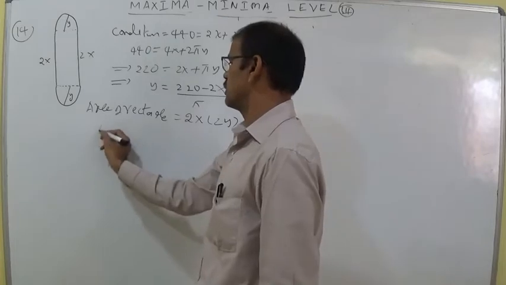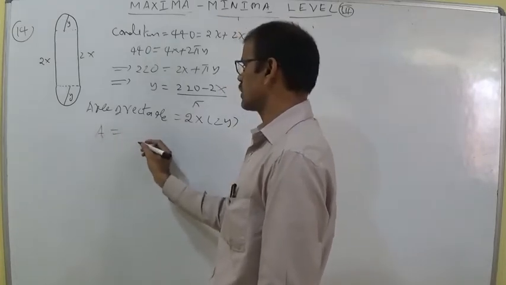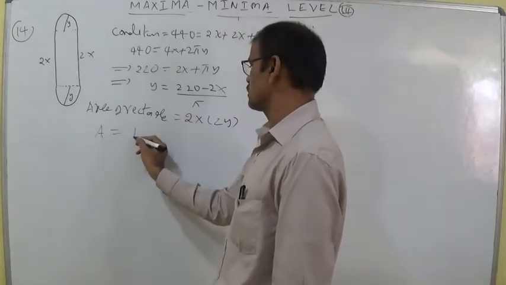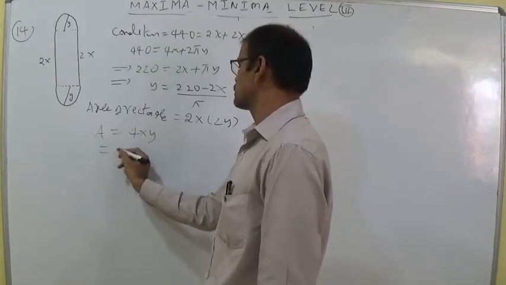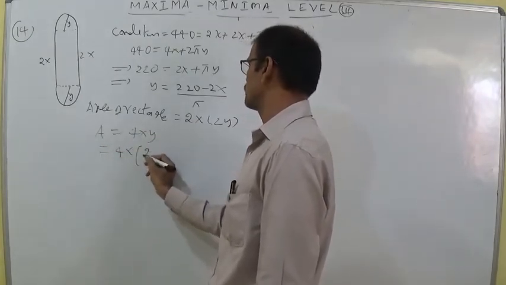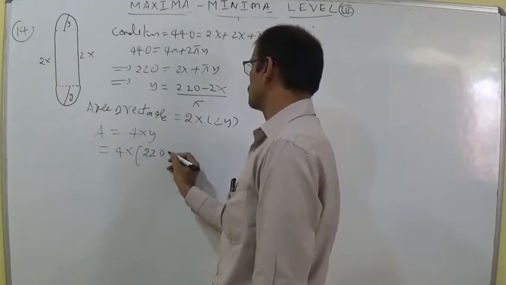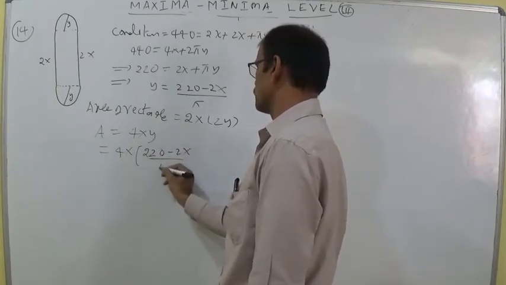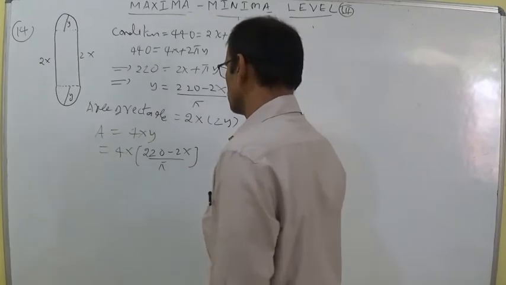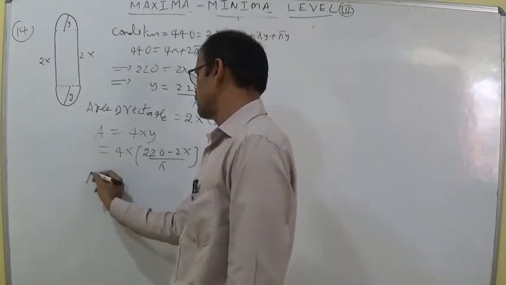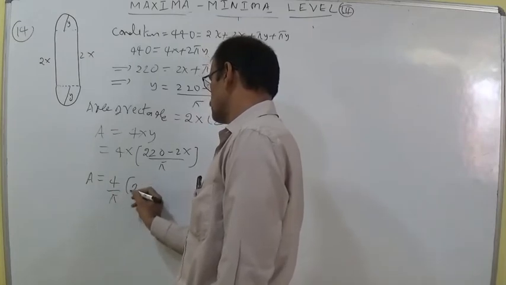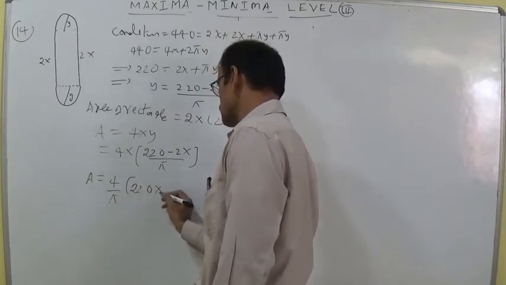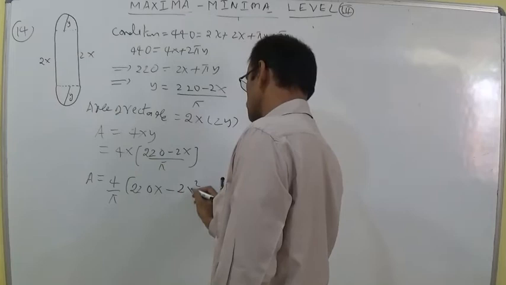Let us write A for only the rectangular portion: 4xy. So 4x into y, instead of y I am writing 220 minus 2x by pi. So A is equal to 4 by pi into 220x minus 2x square.